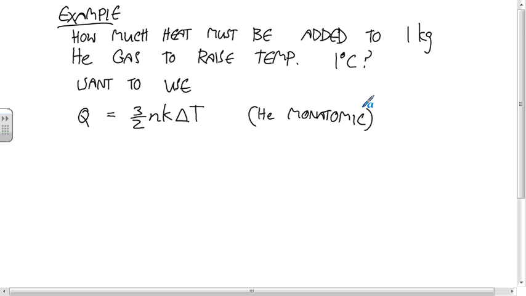And how do you know whether it's monatomic or not? Unfortunately, this room doesn't have a periodic table. Most of the rooms in this hall do. But the way you know this is the monatomic gases are the ones on the right side of the periodic table, the noble gases.